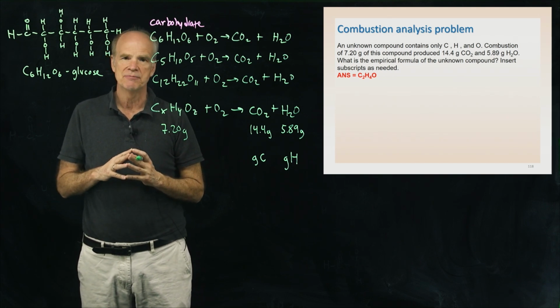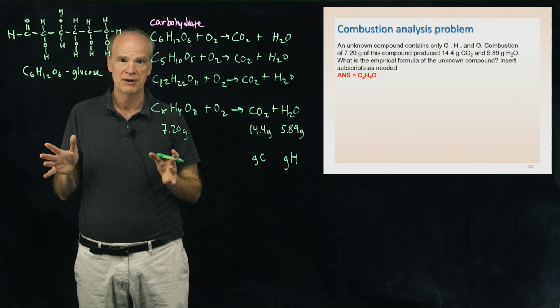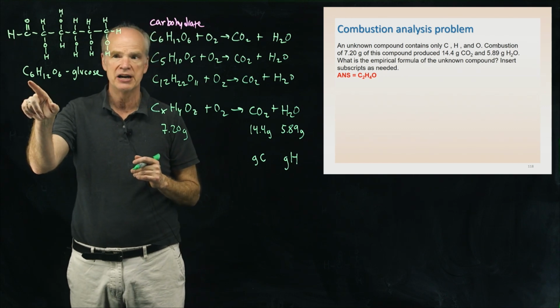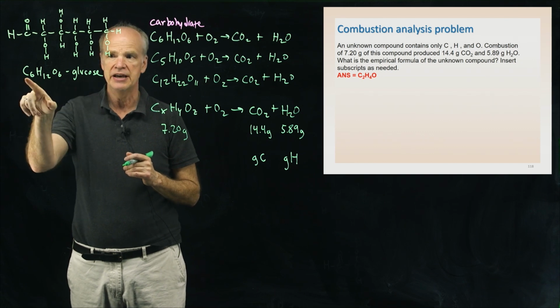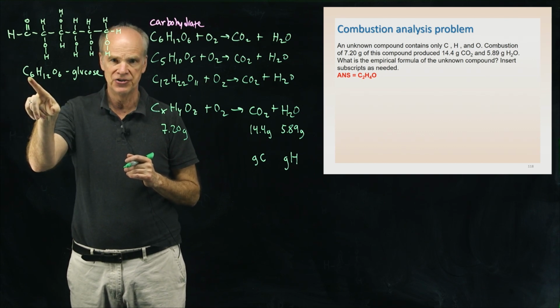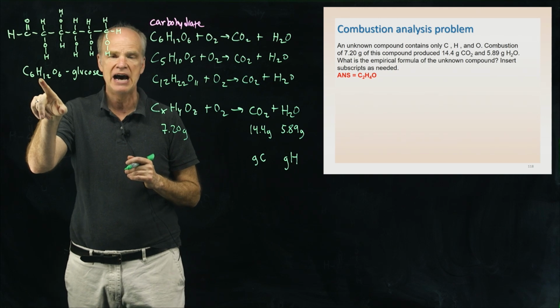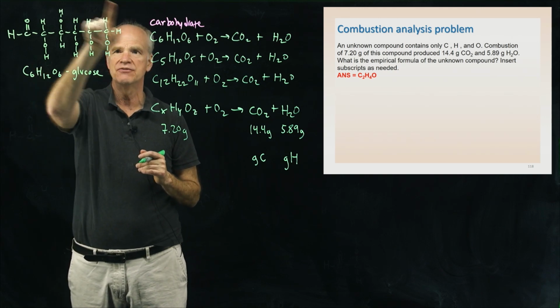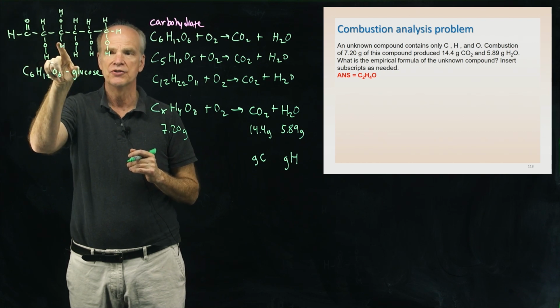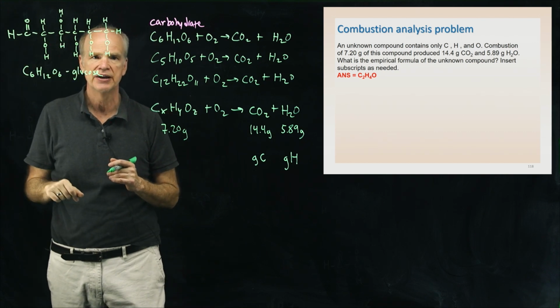Let me give you an example. The molecule is called glucose, and it has 6 carbons bound to 12 hydrogens bound to 6 oxygens. Here I've drawn what the structure of this molecule looks like.